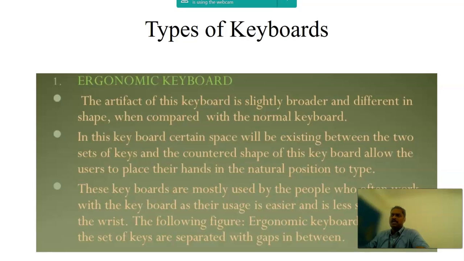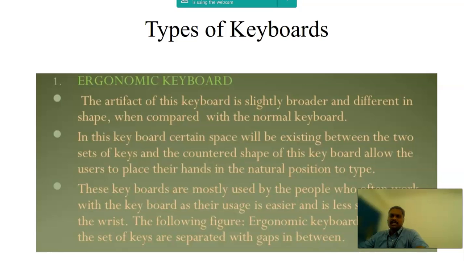In this keyboard, certain space exists between the two sets of keys, and the contoured shape of this keyboard allows users to place their hands in their natural position to type the information.